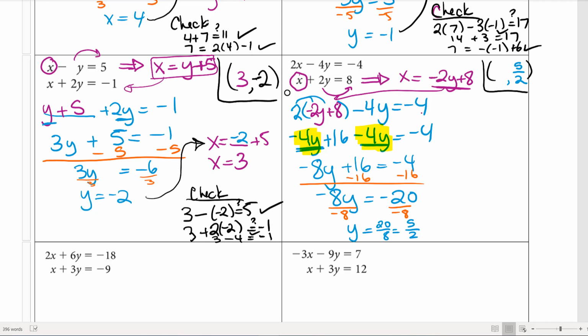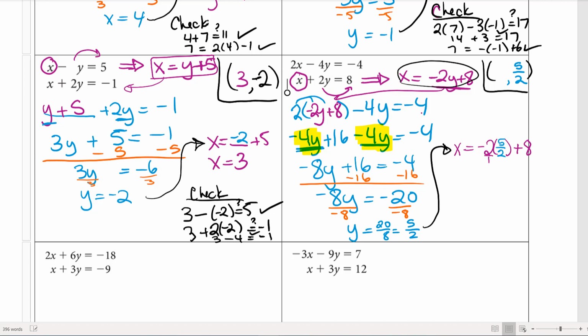Remember, the next thing that we have to do, step 4, is to substitute your answer from step 3 into one of the original equations. I'm going to pick the equation that was solved for x, the one we did in purple, x equals negative 2y plus 8. And the y I know to be 5 over 2. Now you're thinking, oh no, there's fractions.